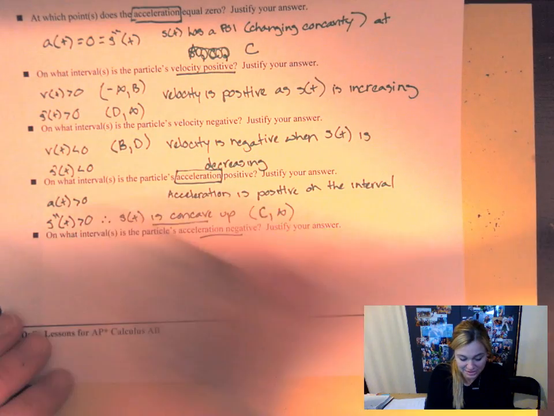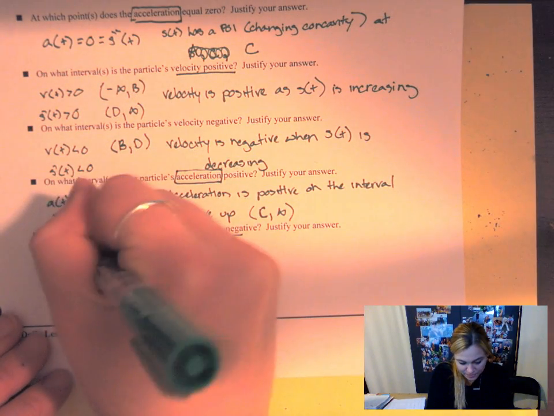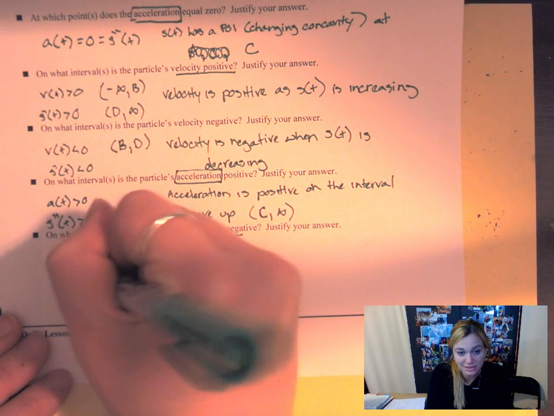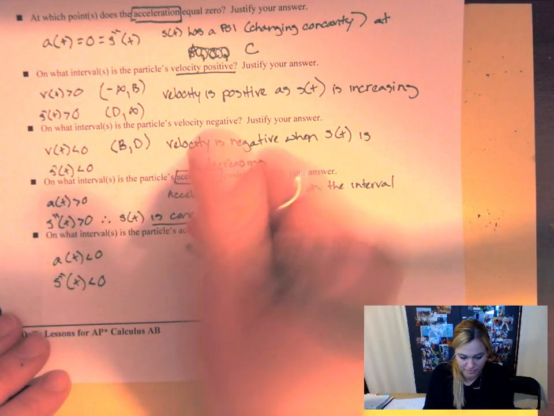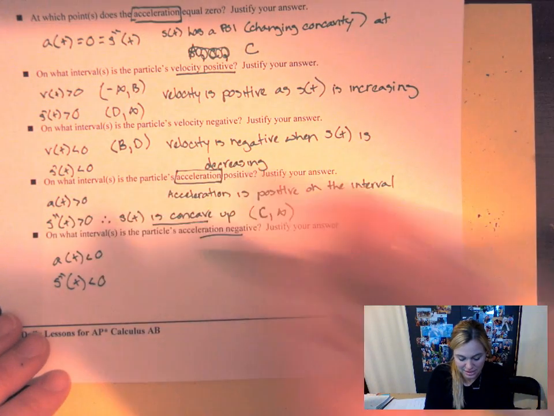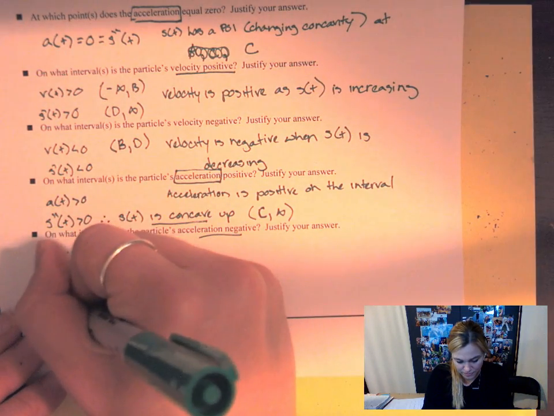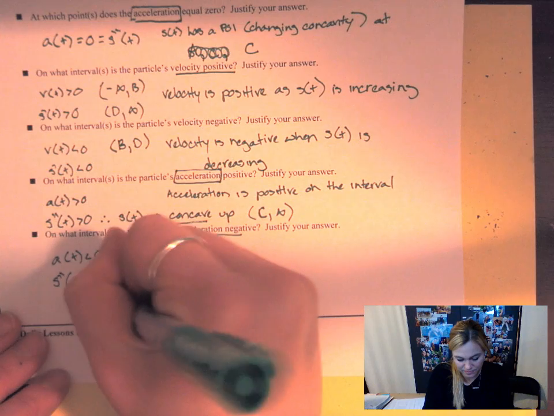Okay, acceleration is negative. That means s double prime of t is less than 0. Acceleration is negative when s of t is concave down.